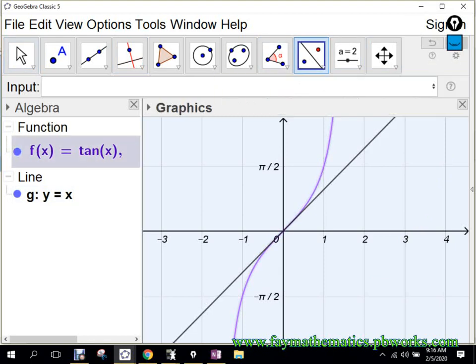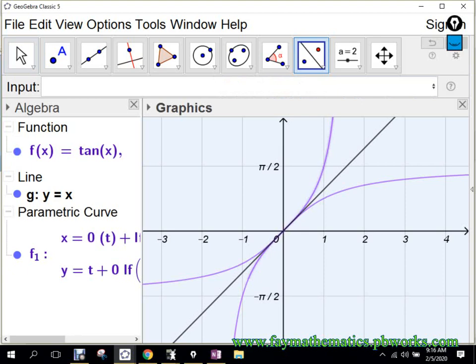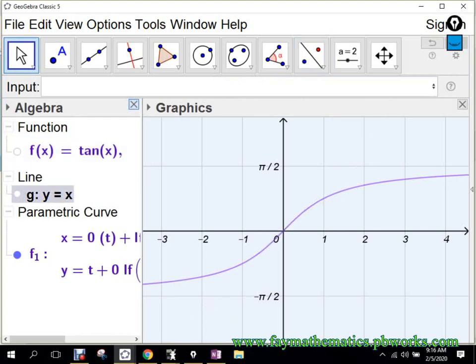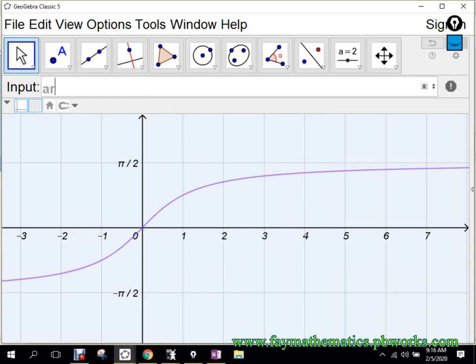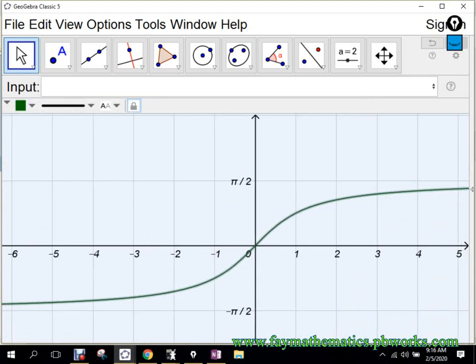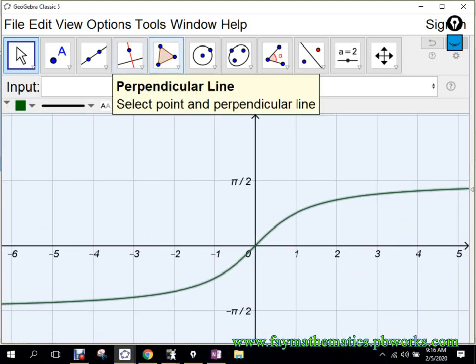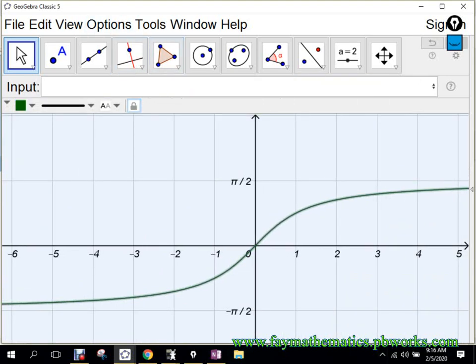So let's reflect that thing over y equals x. Now it gives it to me, and GeoGebra is a parametric curve, which we'll talk about later on. But that there is your arc tangent. If I type in arc tangent of x, should go right on top, right? Well, when I had earlier, okay, when I had my asymptotes, my vertical, so let's go back to tangent real quick.